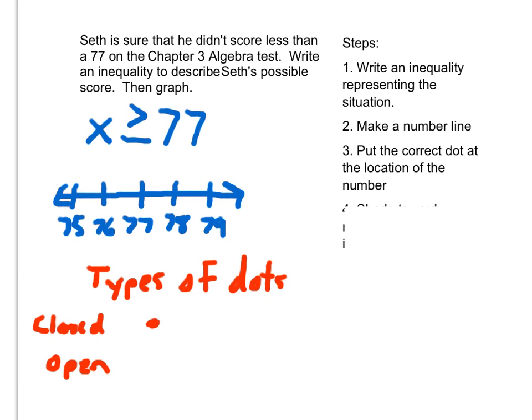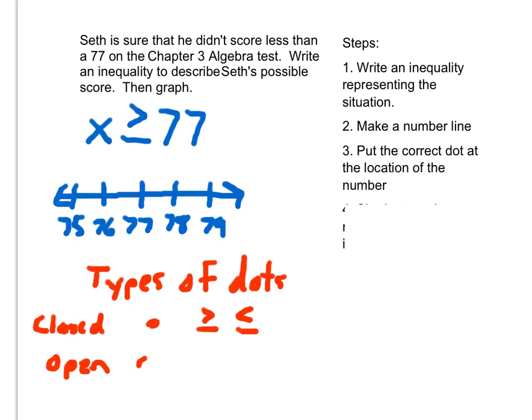First of all, let's talk about what a closed dot means. A closed dot means the answer is included, or the number that your dot is on is included. So that means if I put a closed dot on 77 here, 77 has to be a solution of this. Okay? Well, that makes sense for two types of inequalities, greater than or equal to, or less than or equal to. Because the or equal to tells us that this number is included.